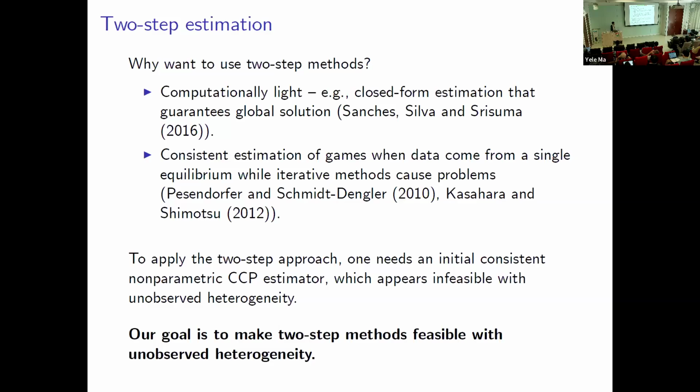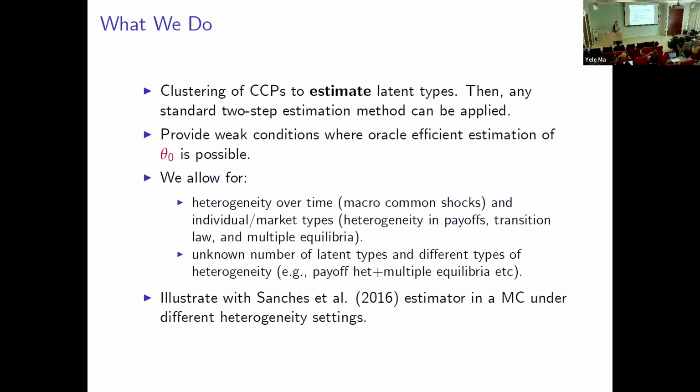The issue, of course, is that if you have unobserved states, then it's unclear how you can consistently estimate the CCP initially. What we propose to do is to just estimate the hidden states, because here we are dealing with a finite state situation.